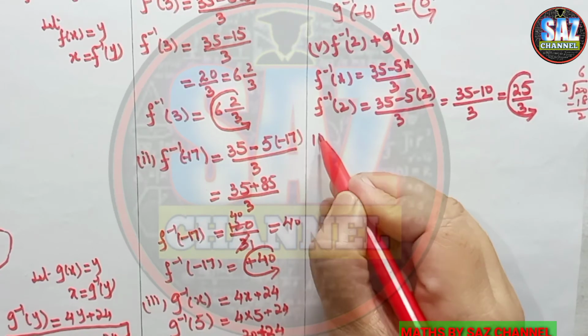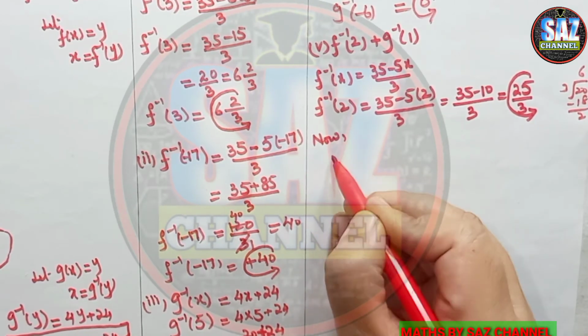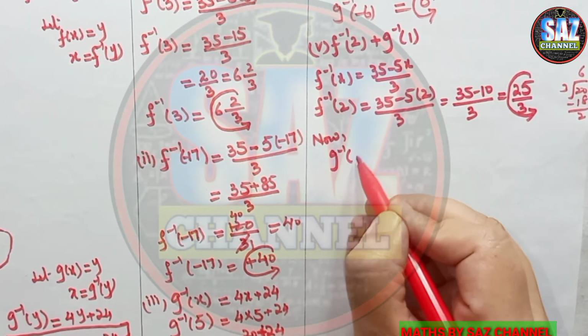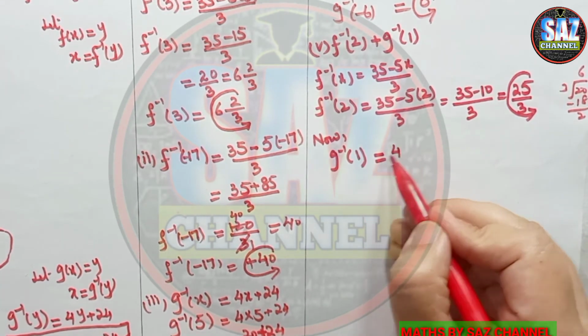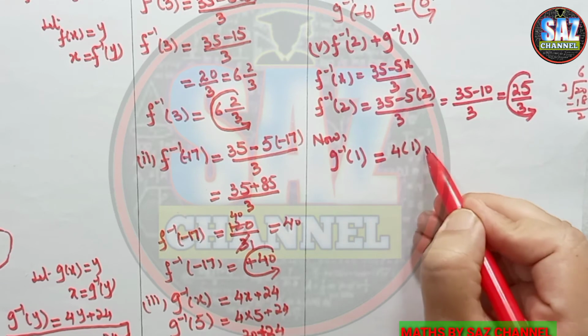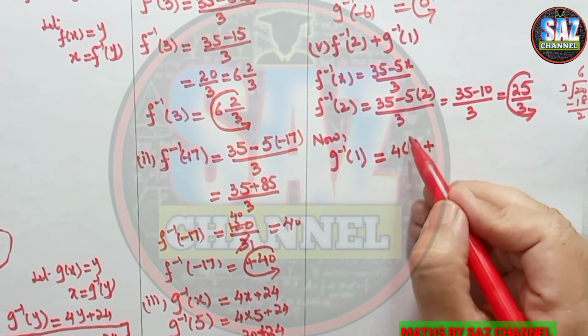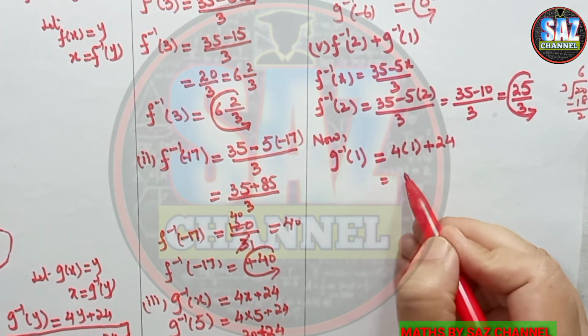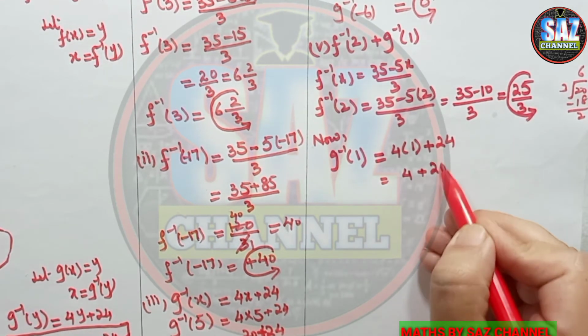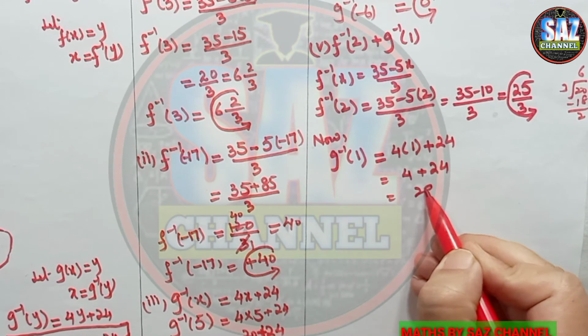And now g inverse of 1 will be equal to 4x plus 24, and instead of the variable I have to replace 1. This will give me 4 plus 24, which is equal to 28.